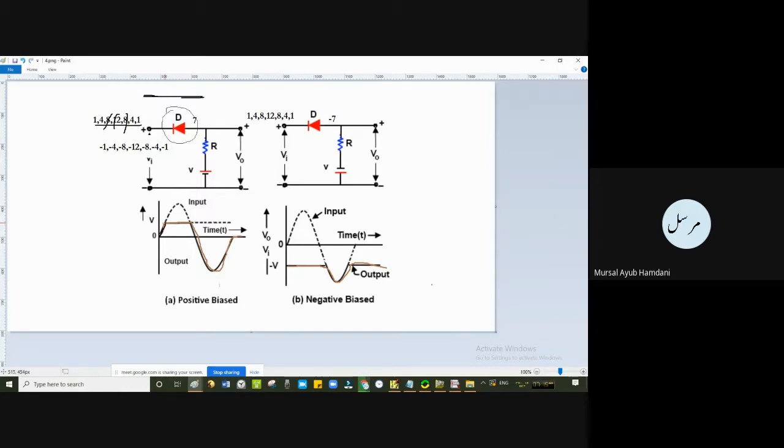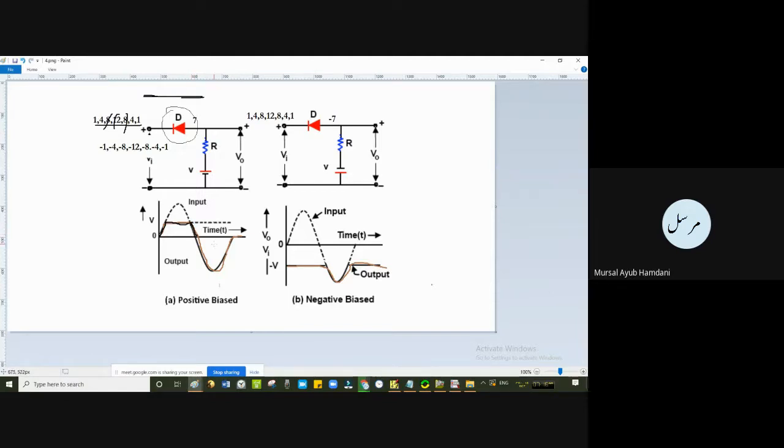But as soon as 7 volts is reached, or ahead of that, at 7 and above, it will be an open circuit, and we'll have a constant voltage of 7 volts coming at the output. Now when it goes below this again, it will follow the input.